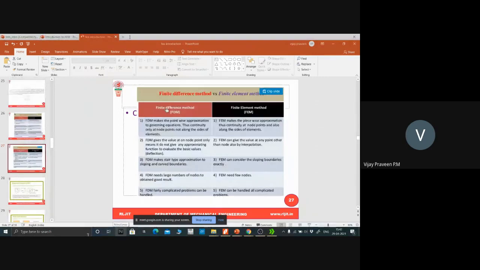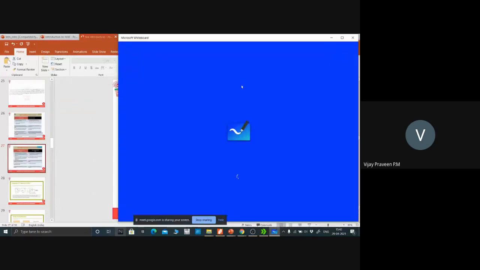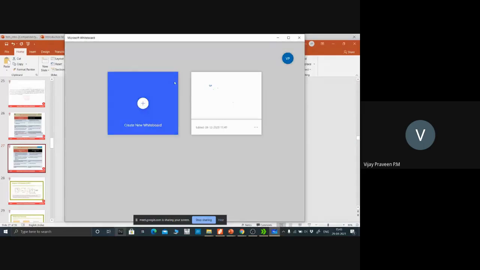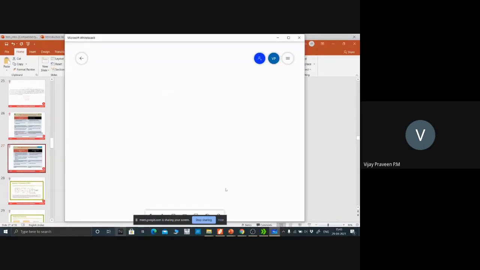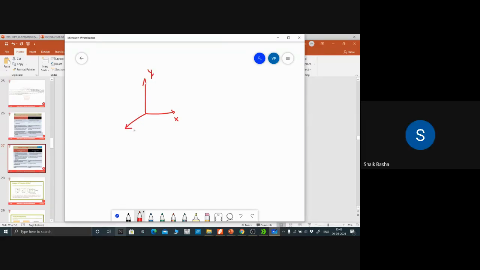Example: you can see the figure, no? What I'm writing, you can see. Yes, sir. See, translation in X means in a linear direction. That is called TX.